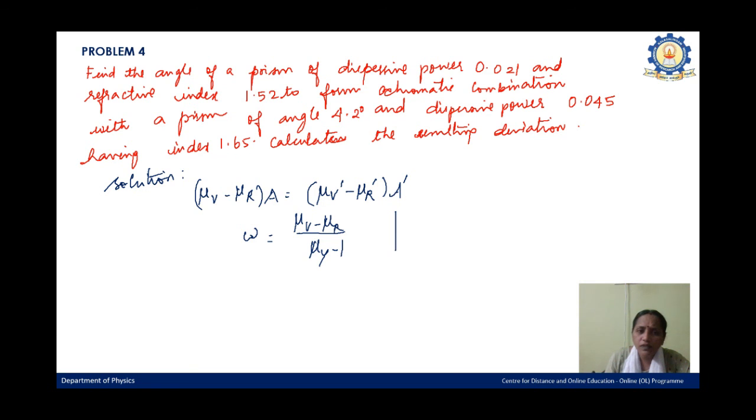We can find out the angle of the prism using the simple relation, that is A prime is equal to minus of omega into mu r minus 1 divided by omega prime into mu y prime minus 1. So using this we can calculate the angle of the prism.